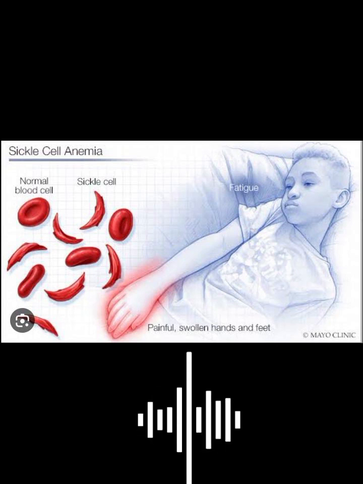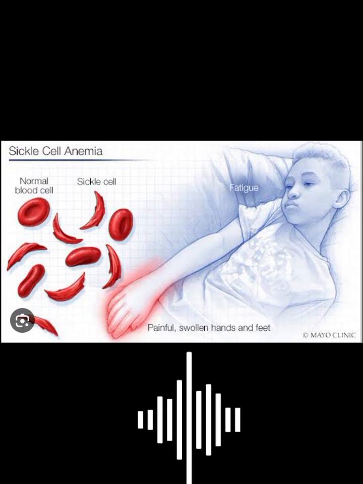If someone inherits sickle cell hemoglobin from both parents, he or she will have sickle cell anemia. Sickle cell anemia occurs when most of the hemoglobin inherited is sickle hemoglobin, because it causes the red blood cells, which are normally round and pliable, to become rigid and sickle-shaped when they give up the oxygen they are carrying.